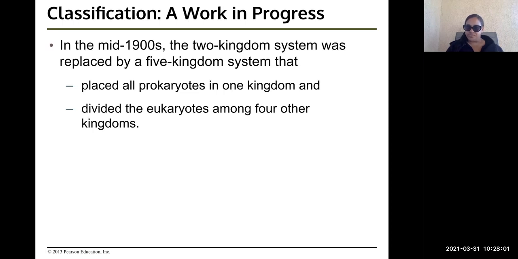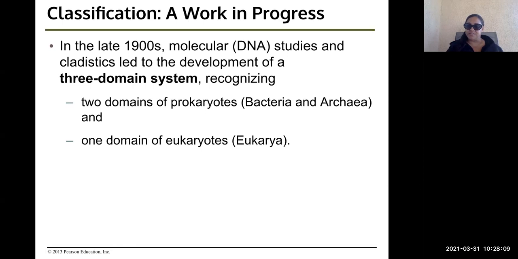And then more tools were discovered, and we found more information about the natural world, so we had to overhaul the classification system again. In the late 1900s, molecular DNA studies and cladistics led to the development of a three-domain system, recognizing two domains of prokaryotes, bacteria and archaea, and they put all the eukaryotes into the other domain.